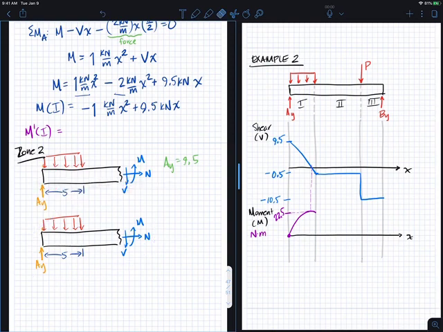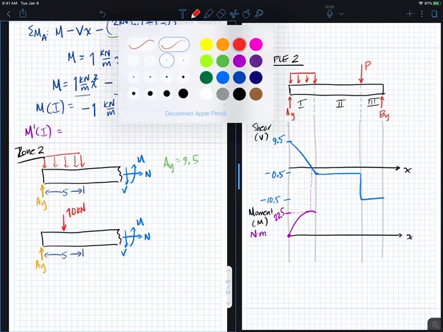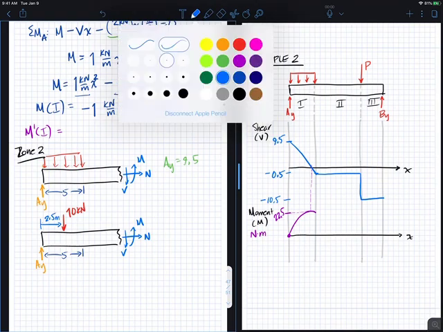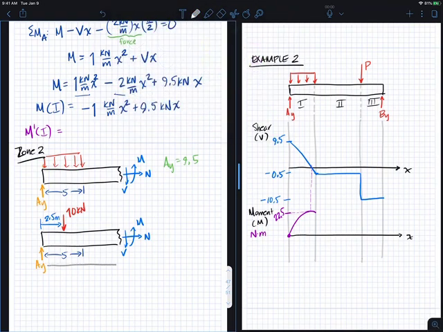And this time I'll include the whole distributed load. So it's 2 kilonewtons per meter acting over 5 meters, so I'm going to have 10 kilonewtons, a constant now, and its moment arm from this side would be 2.5 meters.